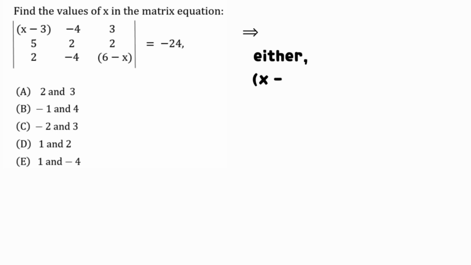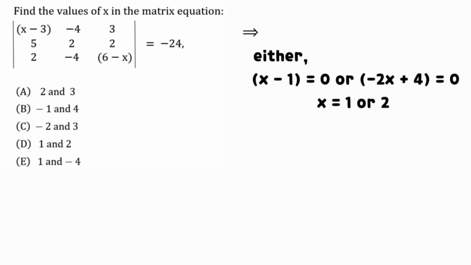This implies that either x minus 1 equals 0 or the sum of negative 2 times x and 4 equals 0. Thus, solve for x in the equations and we have that x equals 1 or x equals 2. The only option with these values is D. Therefore, the correct option is D.